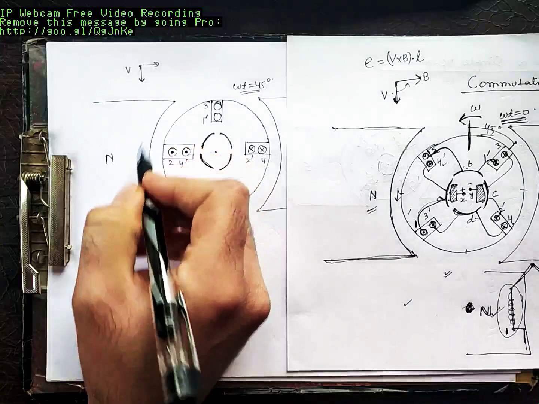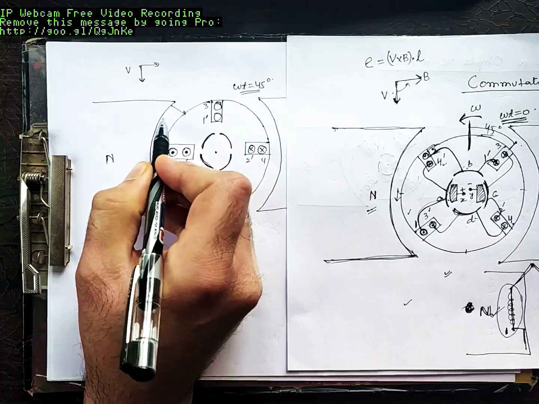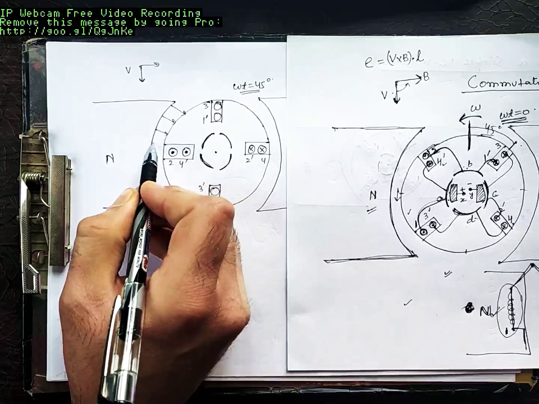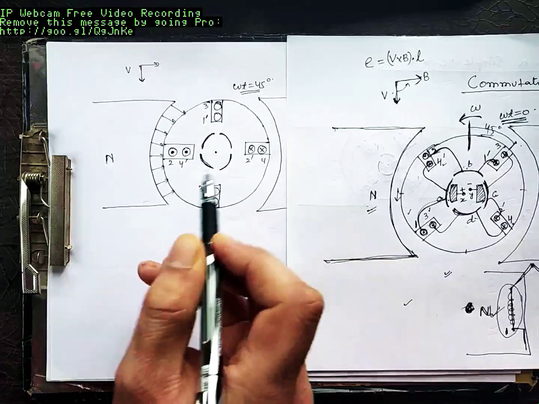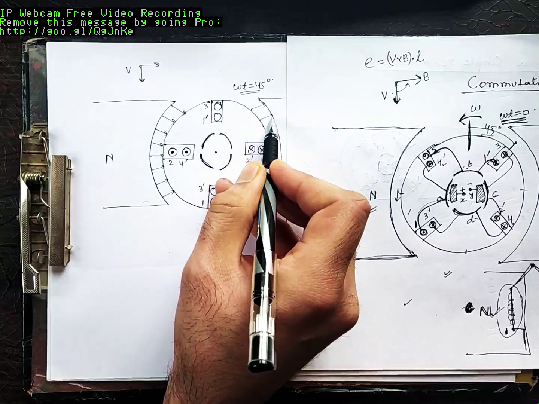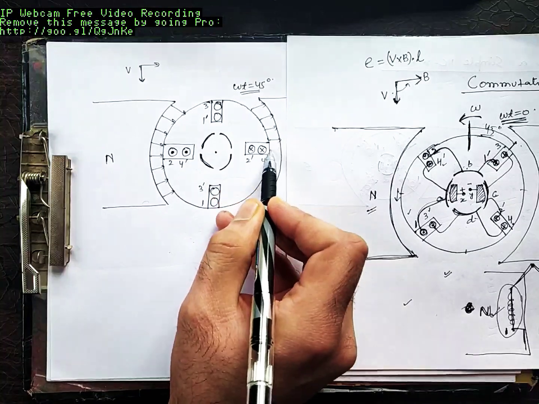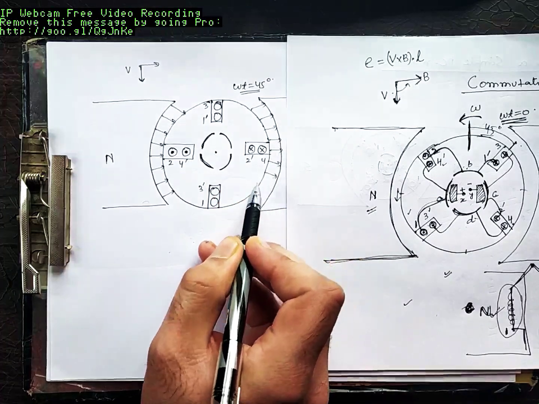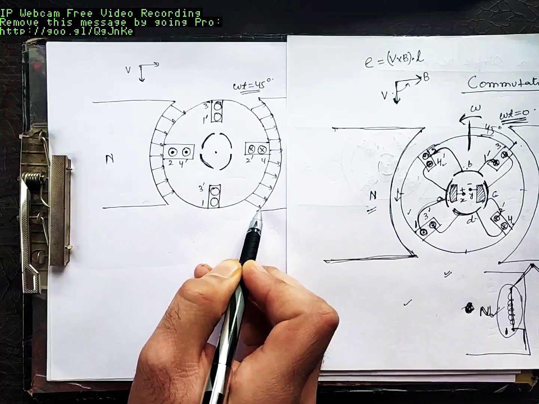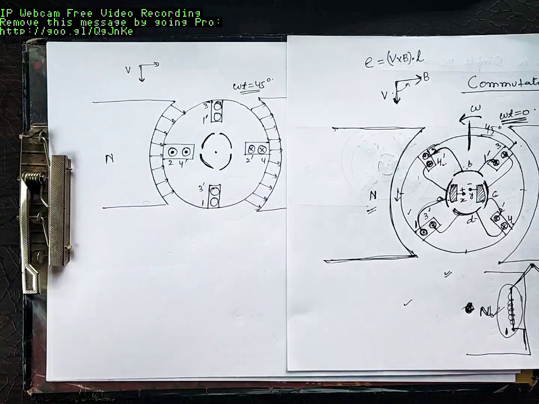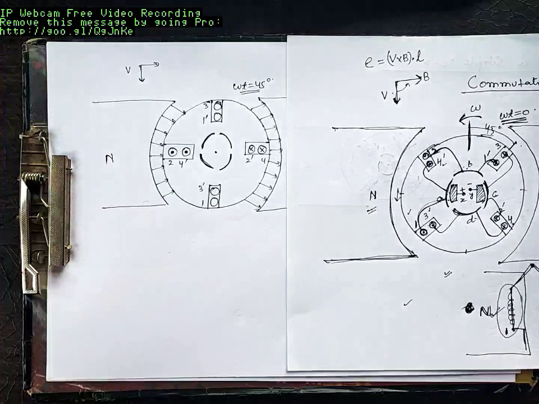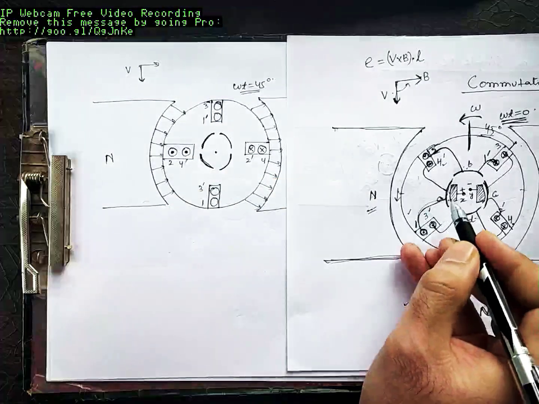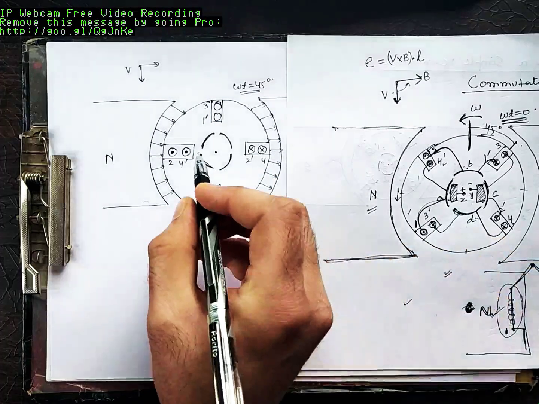Since this is a radial magnetic field, brushes are stationary, they were here, they will stay here.